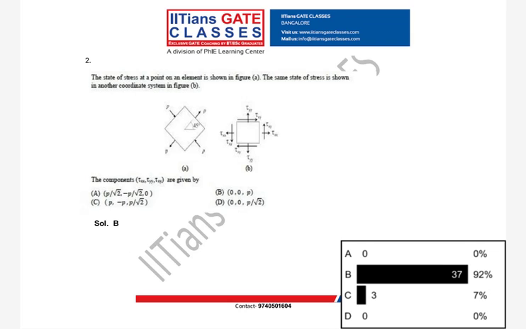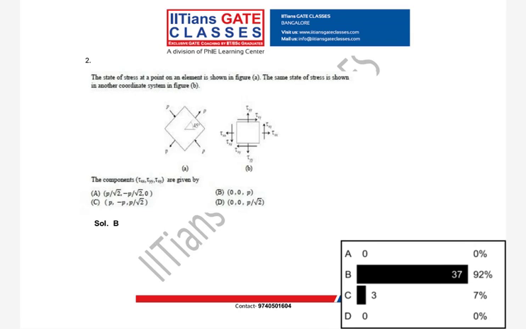Paul says B is the answer, and we will see how B is the answer. Let's first do it by the stress transformation matrix. You guys are saying that with the transformation matrix you are getting C as the answer.